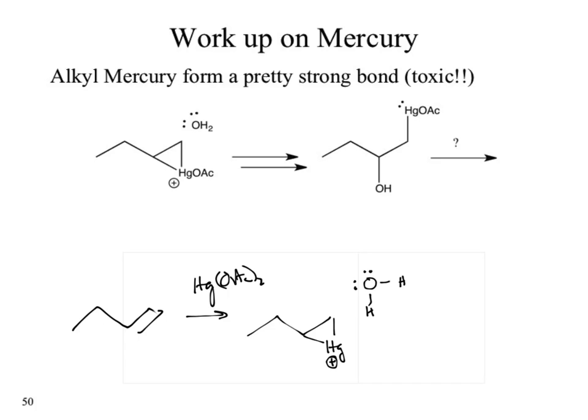What did that now red hydrogen do in the course of this reaction? Nothing. So what could that hydrogen be? Well, it could be a hydrogen. It could also be a CH3.